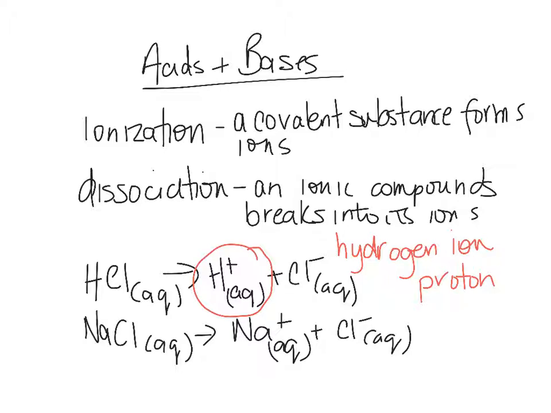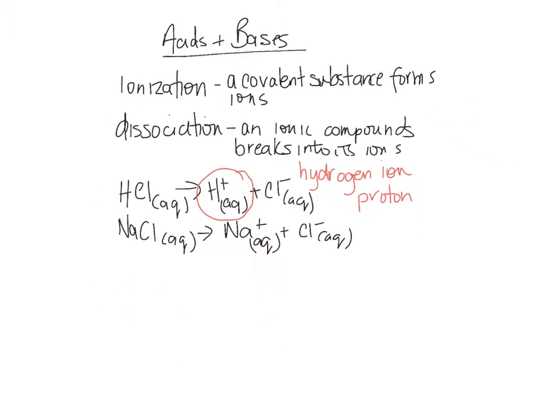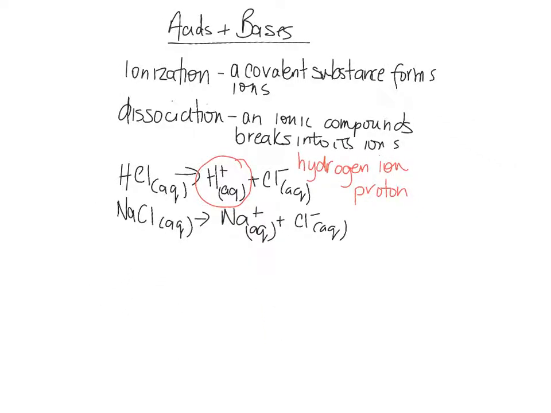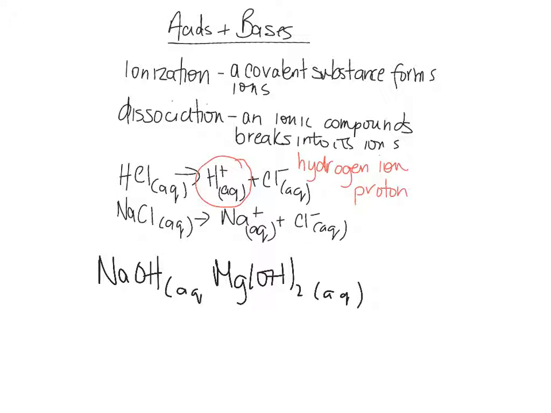So under his definition, the only things that were bases were hydroxides. They already contained the OH in their formula. So for bases, if you make OH-, the hydroxide ion, you're basic.